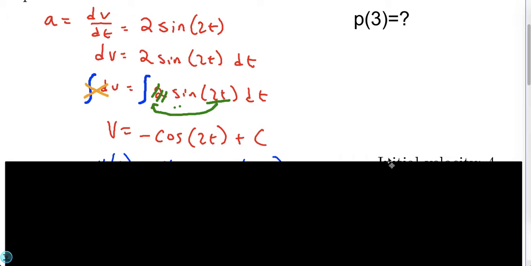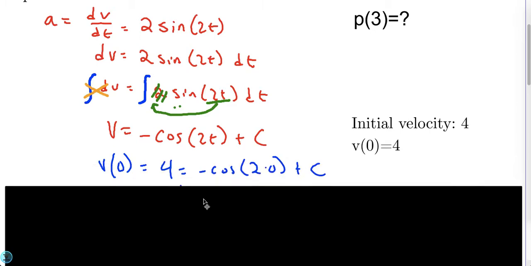The initial velocity is 4, which means the velocity at time t equals 0, hence the idea of initial time, is 4. We can plug in 4 for velocity and 0 for time, and the only missing part would be c, which means we can find c.